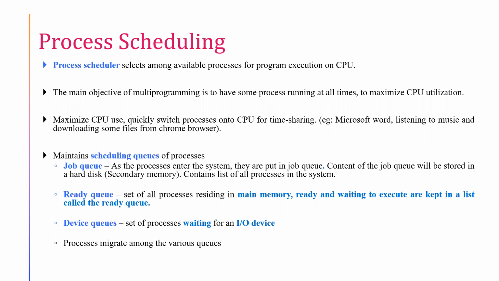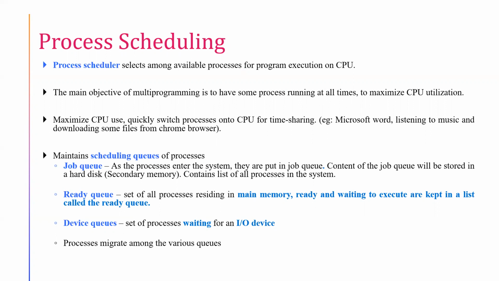So the main objective of multiprogramming is to have some process running at all times. When we do that, this will maximize your CPU utilization, so that we can quickly switch the process onto the CPU for a time sharing system.